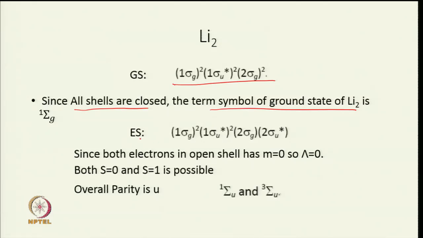If you take the excited state of lithium 2, let us take 1 electron and jump it to 2 sigma u star. Now 1 electron is in 2 sigma g and 1 electron is in 2 sigma u star. Since both electrons in the open shells have m equal to 0, lambda will be 0, but two values of S are possible. S equal to 0 gives multiplicity 1, and S equal to 1 gives multiplicity 3.